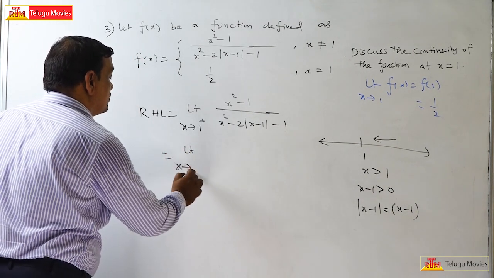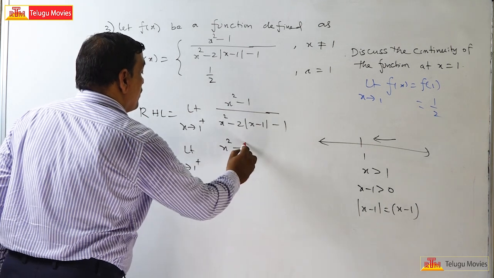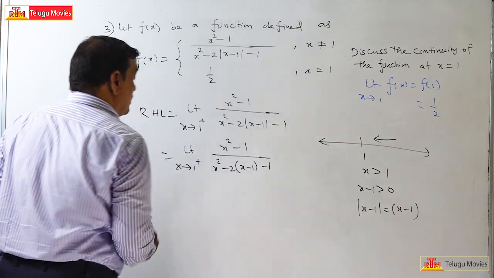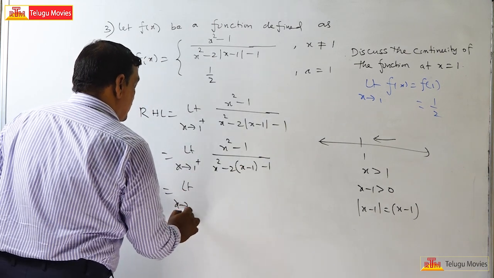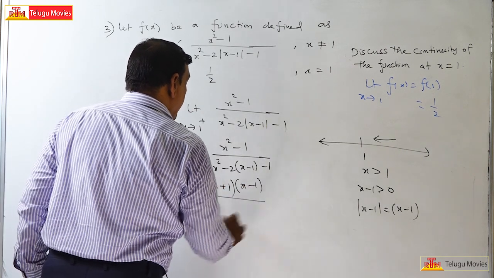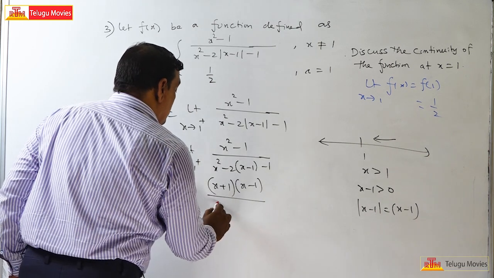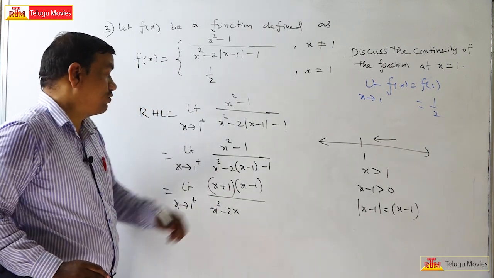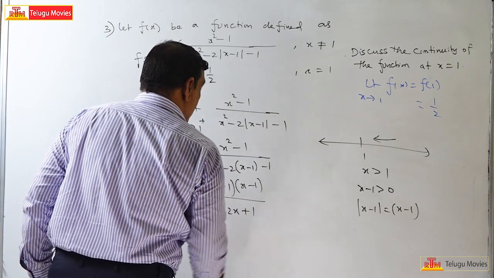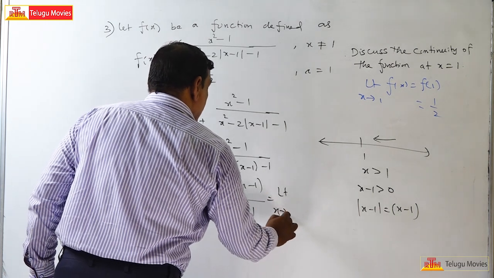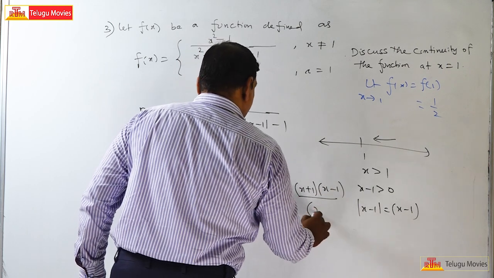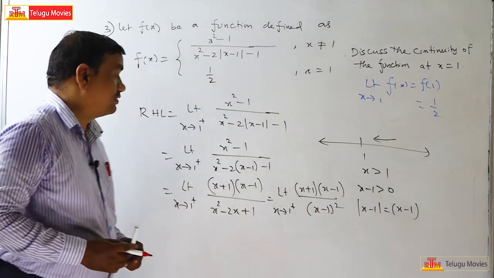So, limit x tends to 1 plus of x square minus 1 by x square minus 2 times x minus 1, minus 1. This is equal to limit x tends to 1 plus of x plus 1 into x minus 1 divided by x square minus 2x plus 2 minus 1, which is x minus 1 whole square. So, limit x tends to 1 plus of x plus 1 into x minus 1 by x minus 1 whole square.